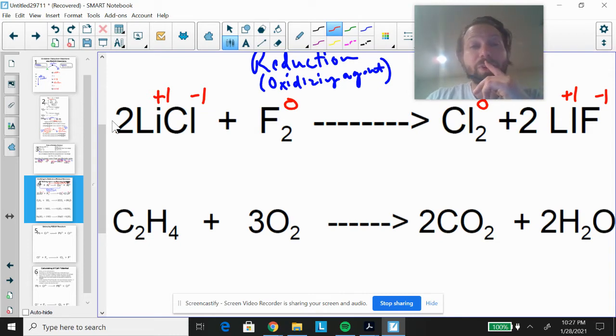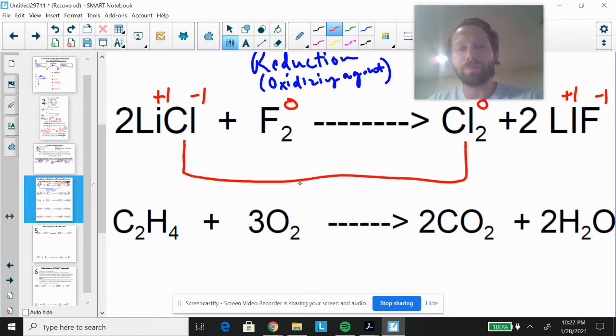So let's look for the thing that's being oxidized. OIL RIG: oxidation is losing electrons. So if you're losing electrons, you're becoming more positive. So what's becoming more positive? My chlorine goes from a -1 to a 0.